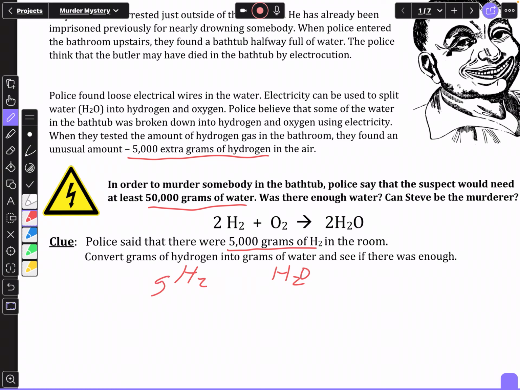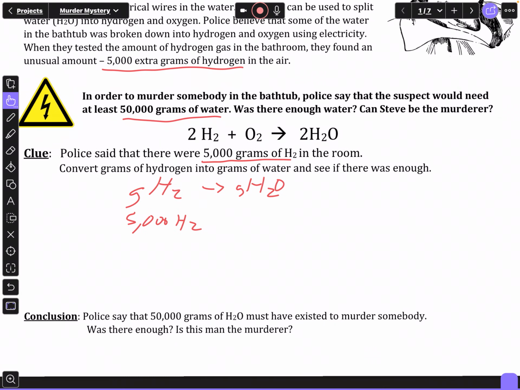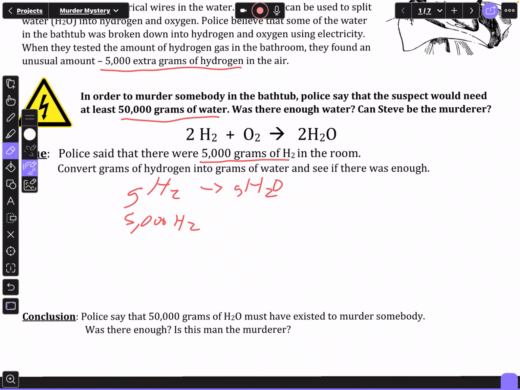So you're going to be going from grams of H2 to grams of H2O, starting off with 5,000 grams of H2, and you want to see how much water was produced to see if it was enough for him to be the murderer. All right, so we know that in stoichiometry, so far we've talked about 3 steps.